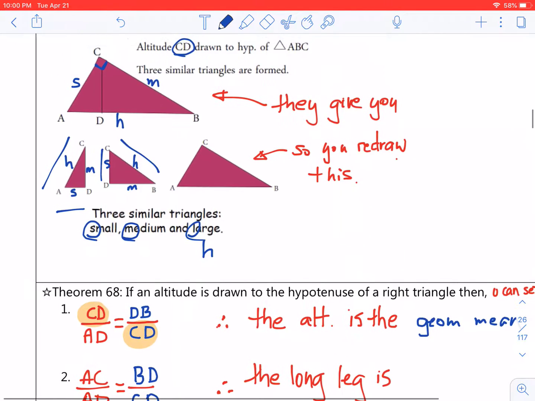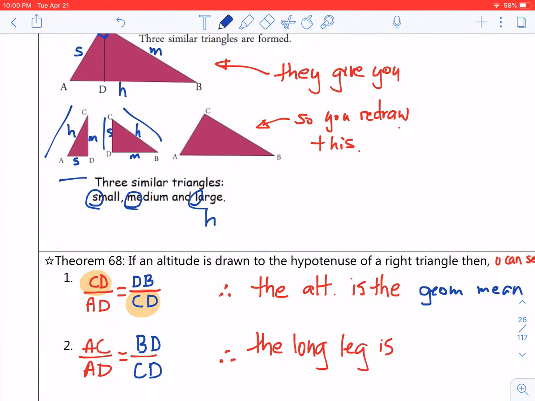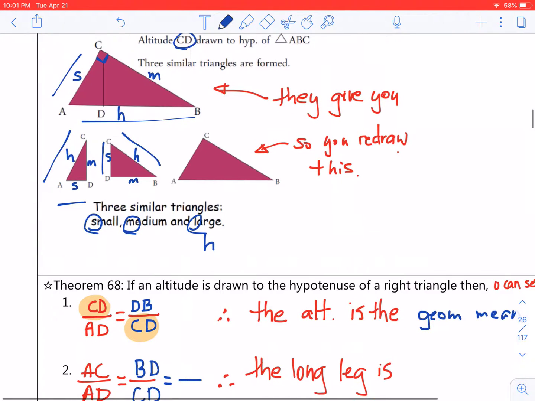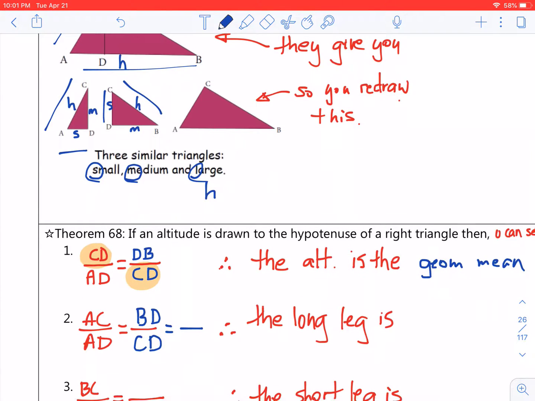I could go back to the original triangle and notice here we have the hypotenuse and the small, and if I look up above, I see the small and the hypotenuse, and we have AC and AB. So I'm going to erase those.